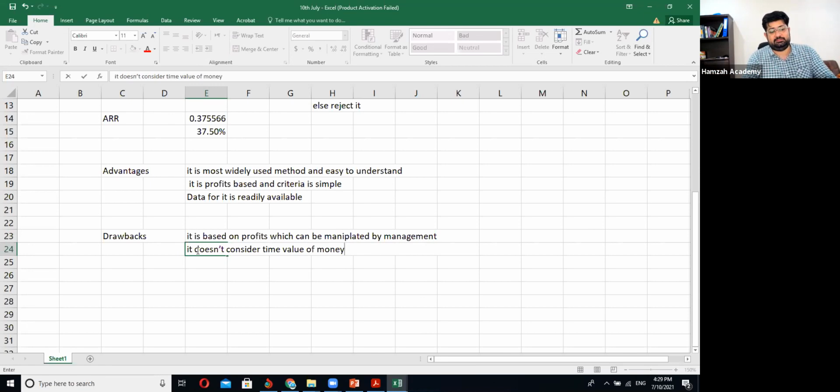Next point. It is a relative measure, it gives the answer in percentage, 10%, 12%, and does not consider the size of the project.